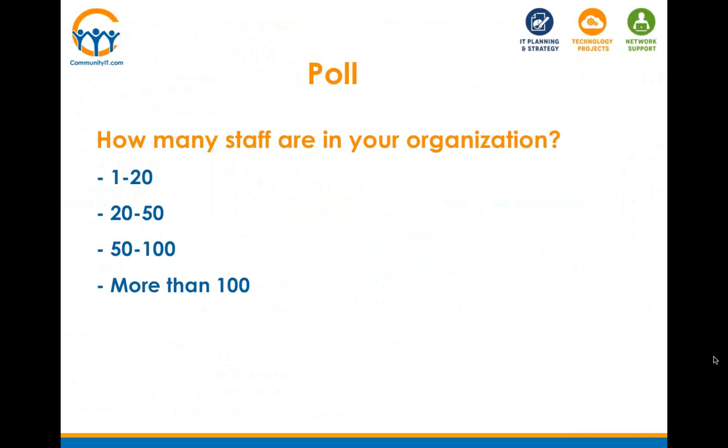Okay, before we begin, let's start by having you answer this poll. How many staff are in your organization? So far, 1 to 20 is the winner, with 40 to 45 percent.